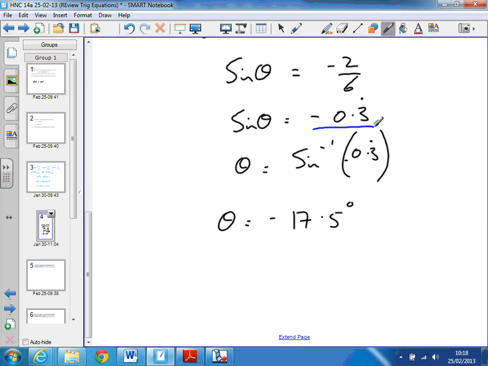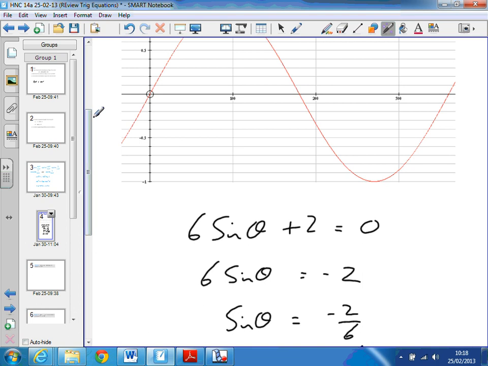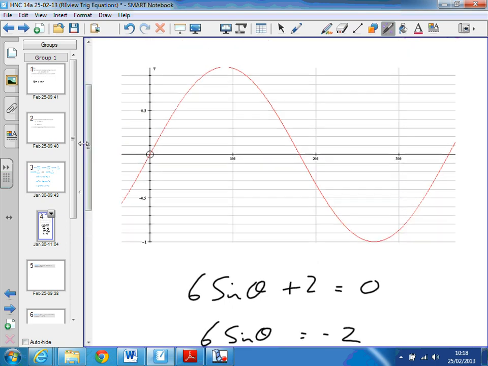So let's look at this sketch. If I go back to the sketch, where on here is negative 0.3 recurring? Well, here is negative 0.5, so negative 0.3 is here, so negative 0.3 recurring is about here somewhere. That's the angle there, okay? Which is not 17.5 degrees. What the calculator does is give you the first angle between 0 and 90, which is here.